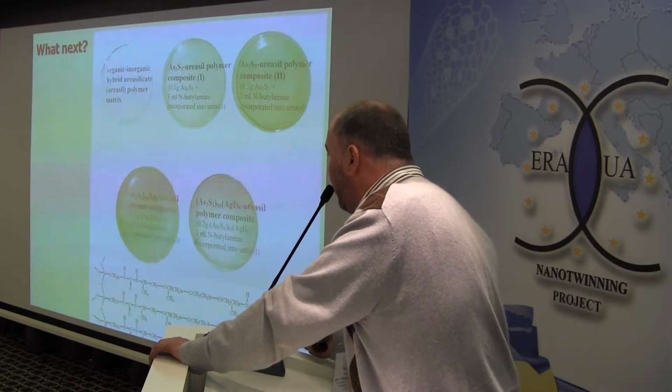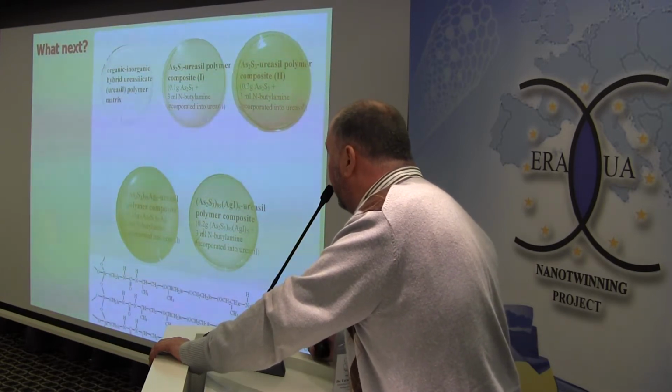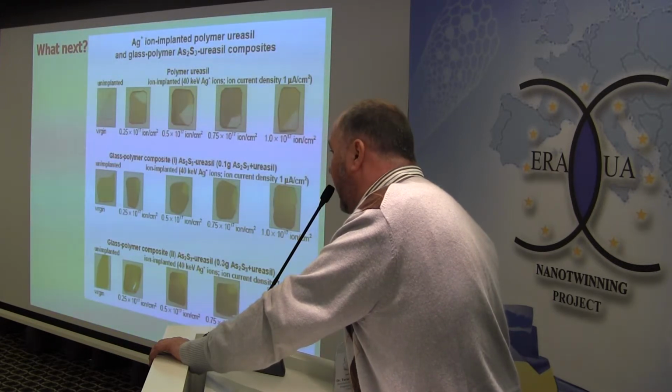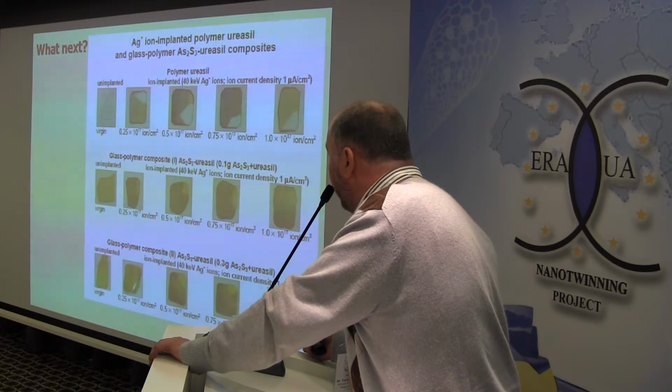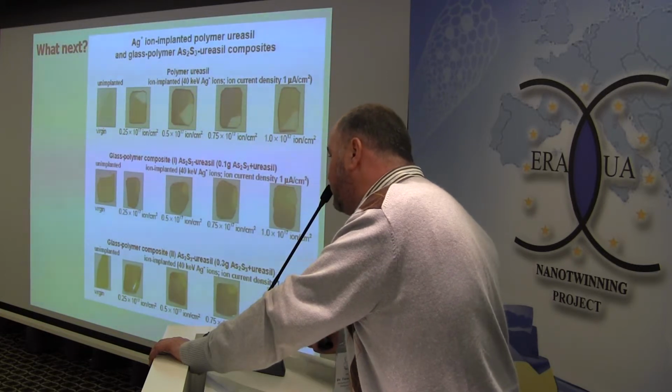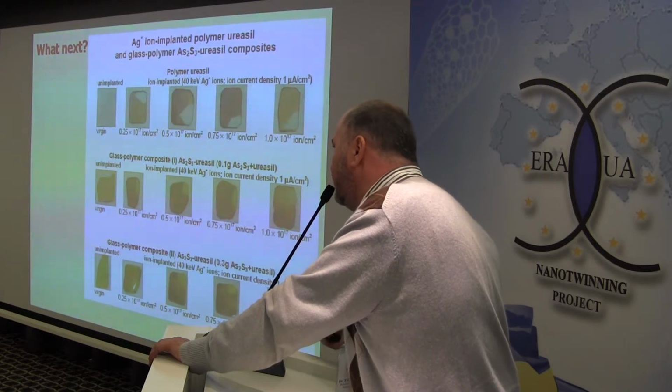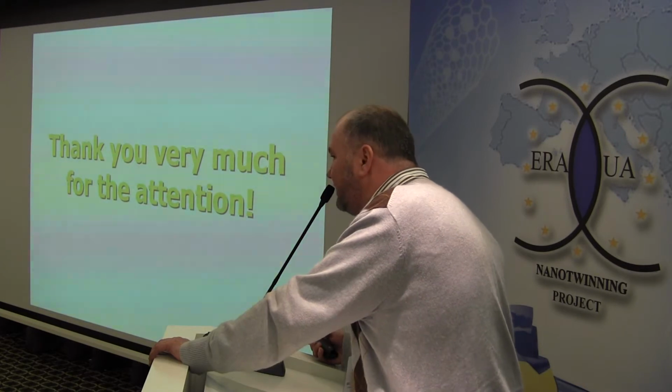Instead of PMMA, we would like to study a flexible organic-inorganic hybrid silicate polymer matrix, and investigate it upon silver ion implantation at different ion doses, and then have more insight into the subject. Thank you very much for the attention.